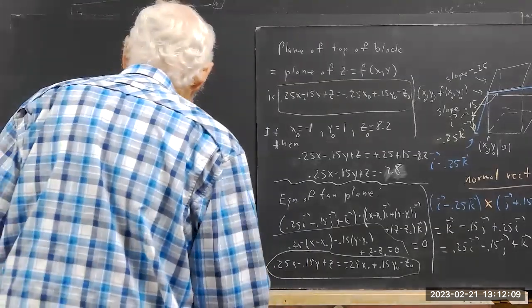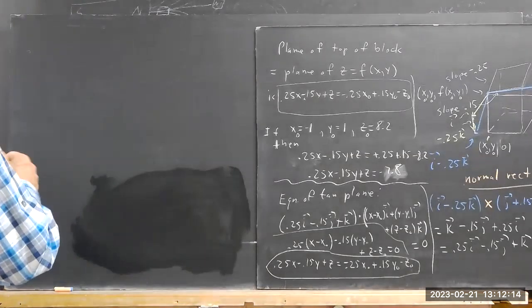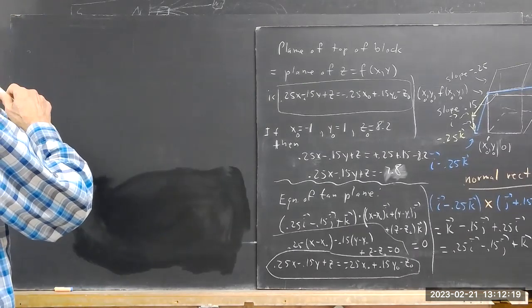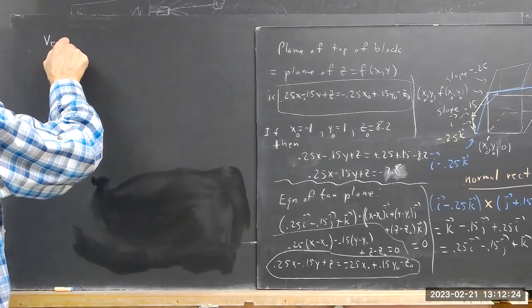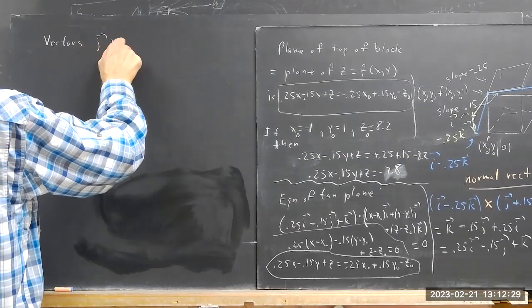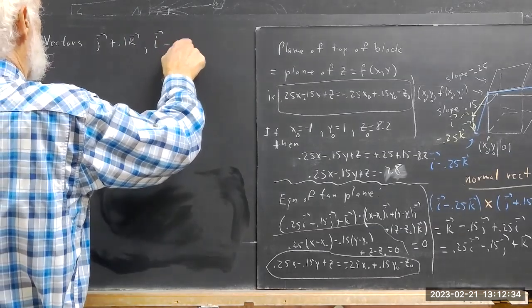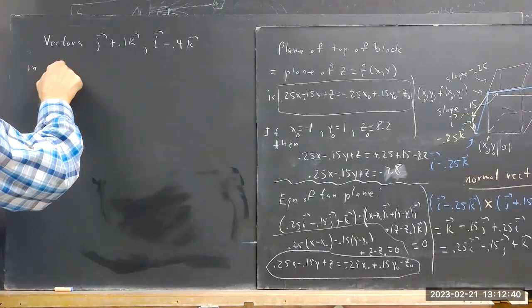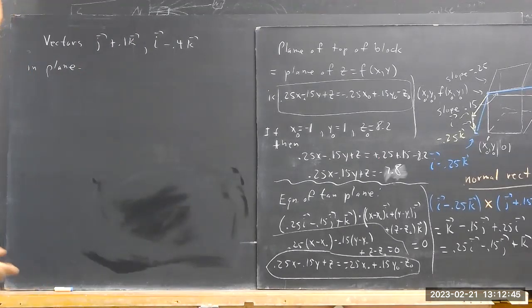Okay. So let's say that our slopes are 0.1, so that the vectors. These vectors are in the plane.